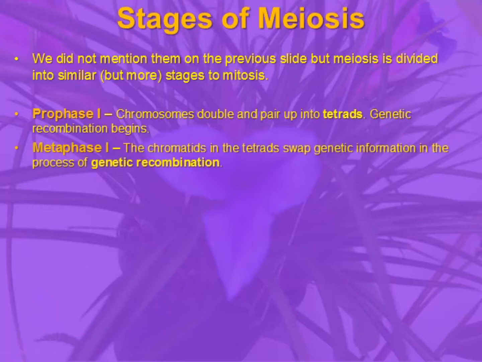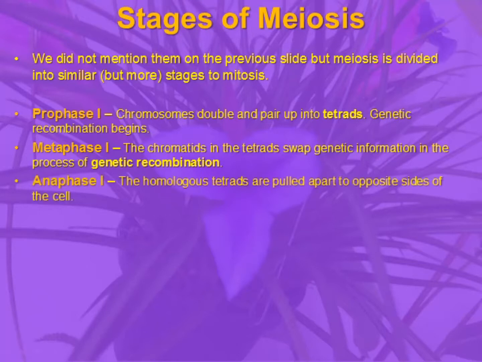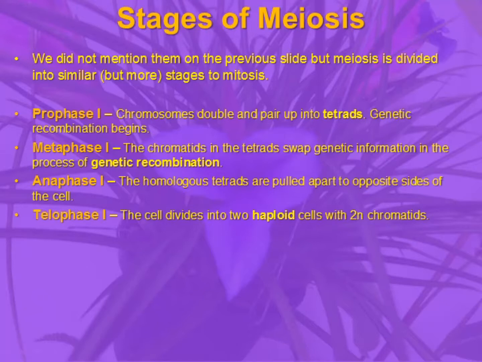And it continues in metaphase 1, where the genetic recombination completes and you end up with chromatids that are all completely different from each other. In anaphase 1, the homologous tetrads are now pulled apart to opposite sides of the cell. And in telophase 1, you divide into 2 haploid cells with 2N chromatids.